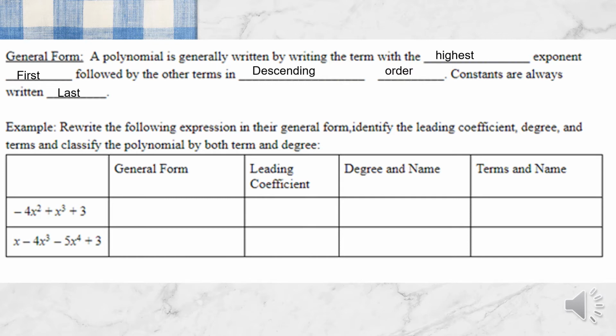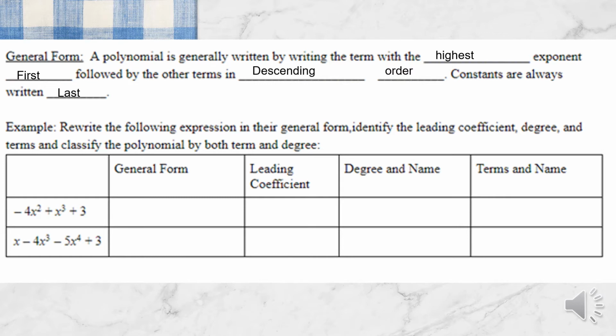All right, so in these examples where we're supposed to rewrite the following expressions in their general form, identify the leading coefficient, and give their names by terms and by degree, all right, I have 3 terms, so I know I'm calling it a trinomial. The biggest degree I see in that first example is the biggest exponent is a 3, so that one has to be written first.